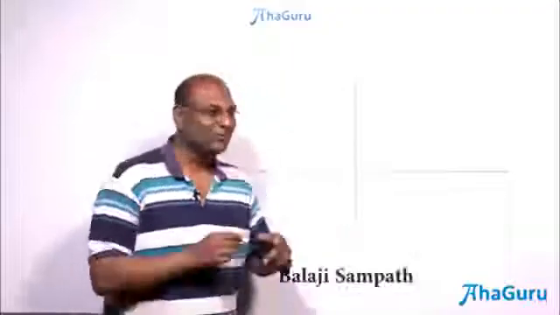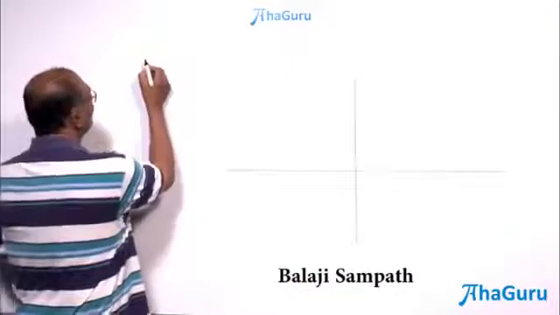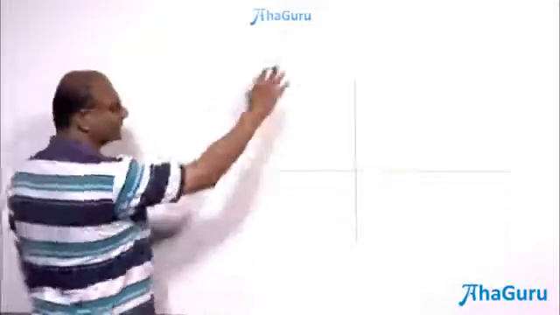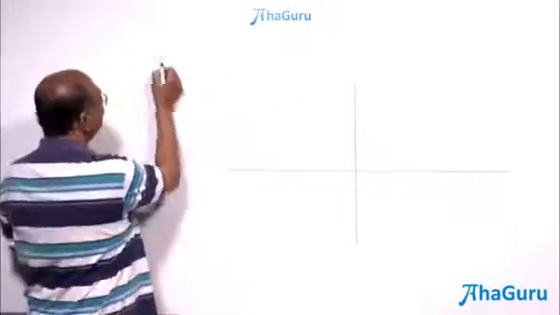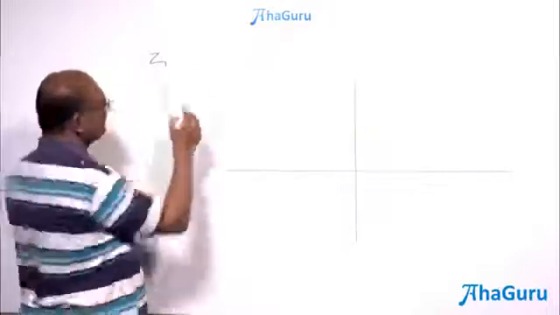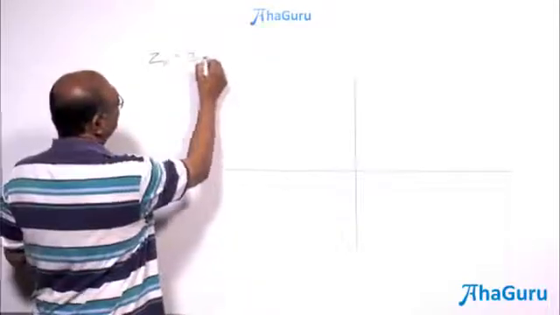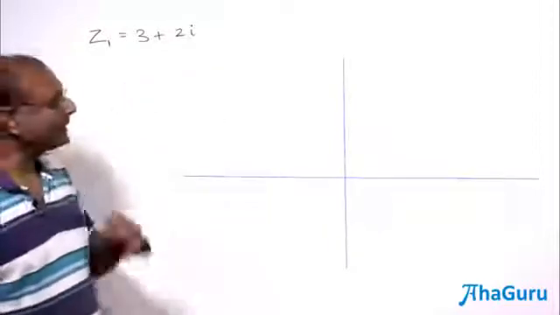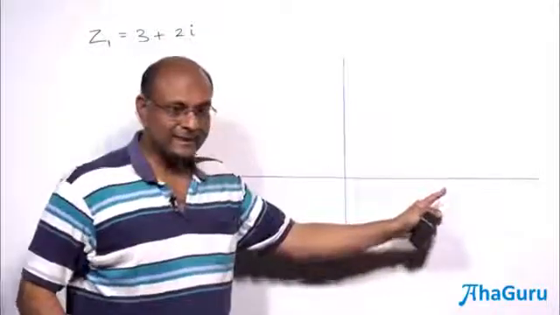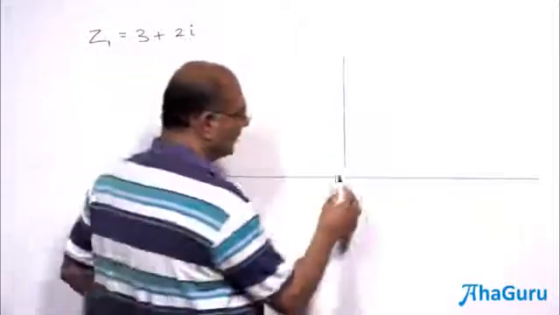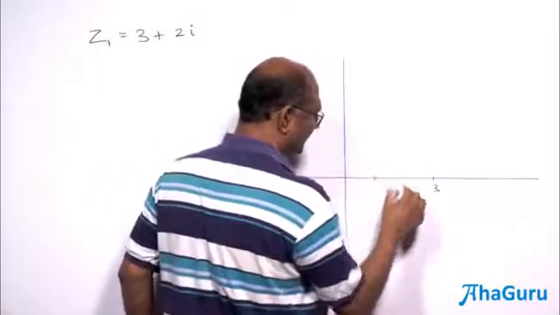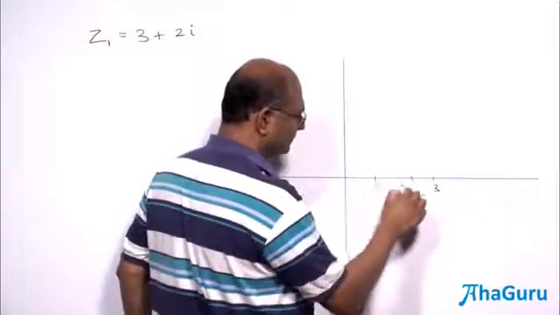Okay, so now what we are going to do is to look at addition with a little bit of geometric interpretation. So this is the Argand diagram. Let us say that I have Z1. Now Z1, let us say, is 3 plus 2i. What point is that? It will be 3 like this and 2 like that. Okay, so let us say that this was 3. So 1, 2, 3.